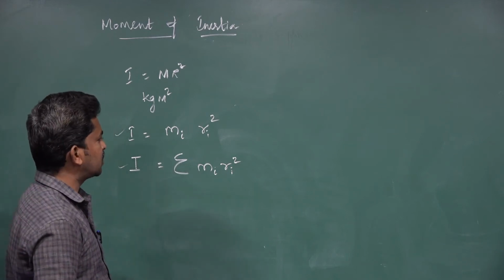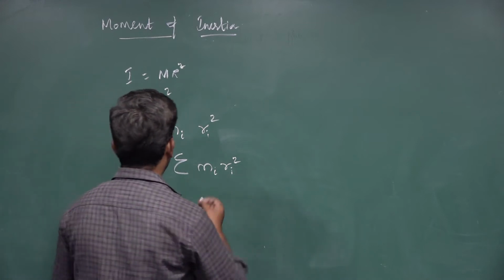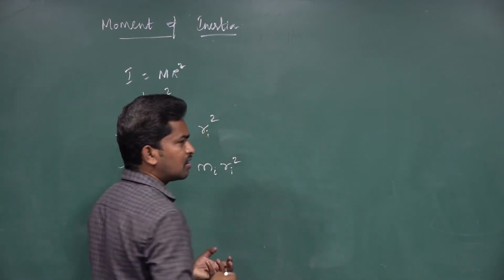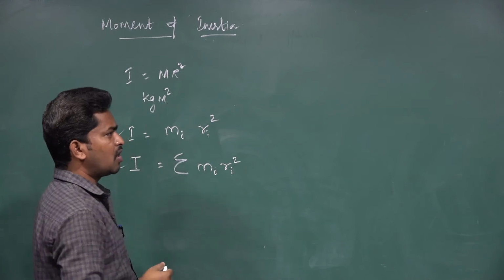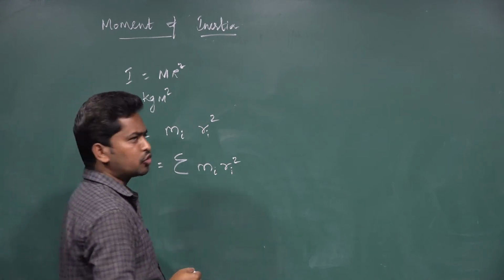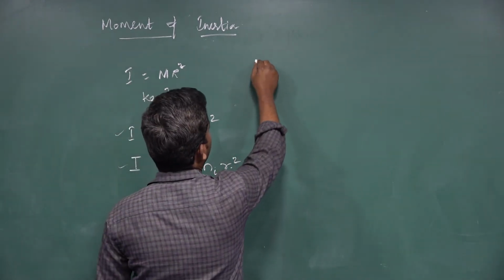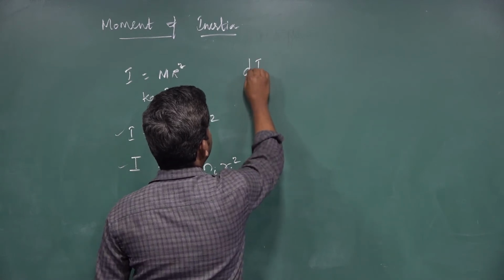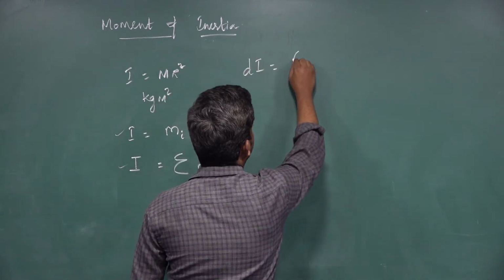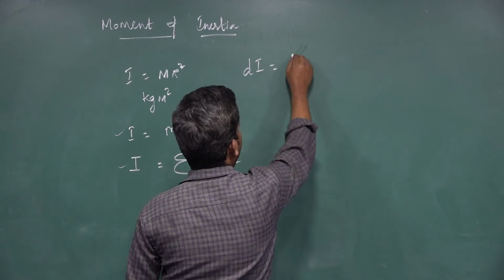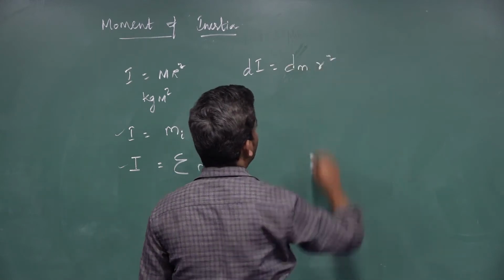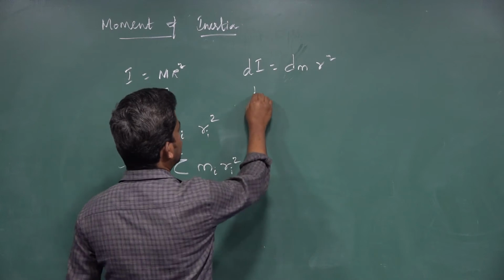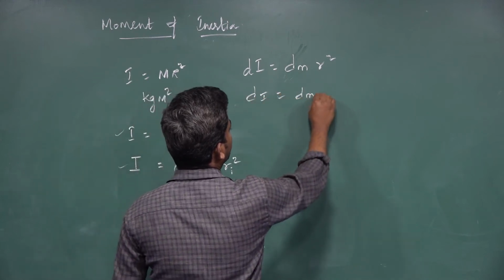To find the moment of inertia in general, consider a small mass dm. If the small mass position is x or r, the moment of inertia dI is equal to dm r square or dm x square.